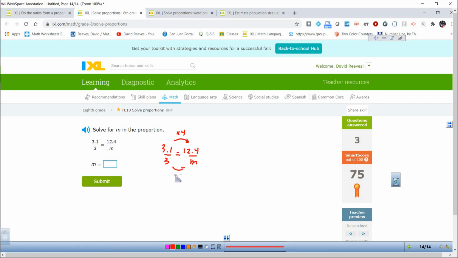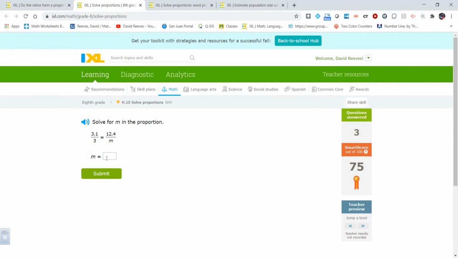So that simply means the bottom number is times 4 as well. Easy peasy lemon squeezy, right? The answer is 12. There we go.